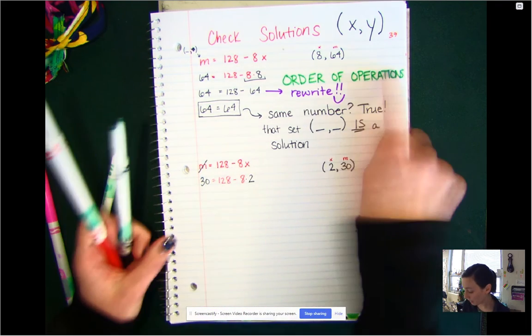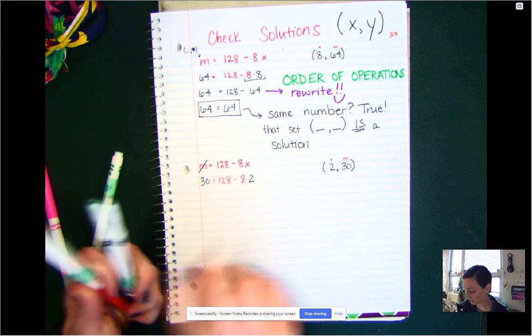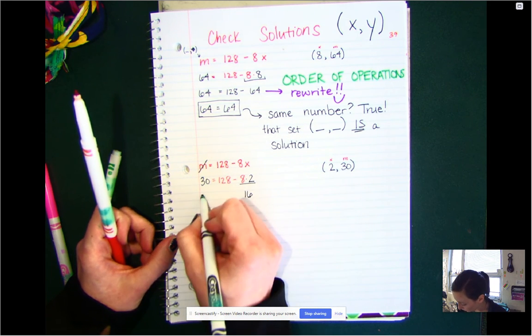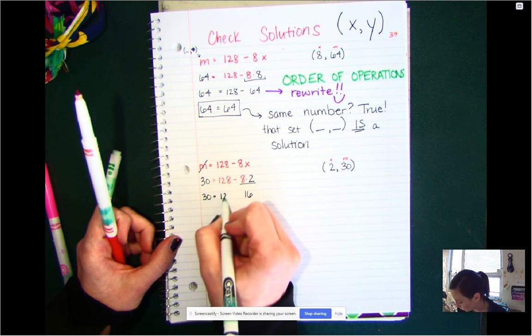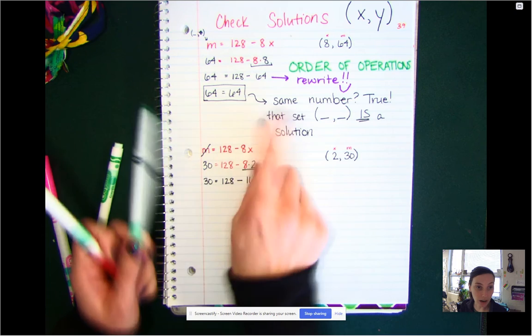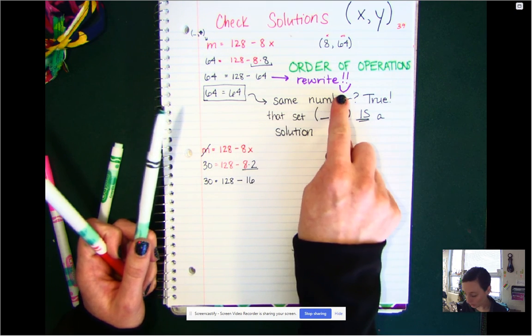Okay? Order of operations. I have to do the multiplication first. 8 times 2 is 16. So I have 30 equals 128 minus 16. I'm rewriting after every step.